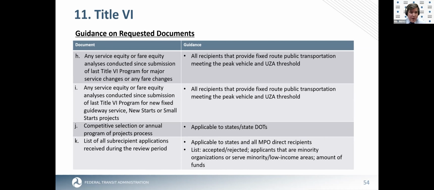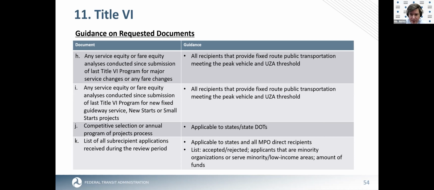And the requirement to do the equity analysis here is only for the recipients who are above that Title VI threshold. So in other words, if you have more than 50 vehicles in peak service and you're in a UZA of 200,000 or more, then you're required to conduct equity analyses for major service changes or fare changes. So provide those to your reviewer.